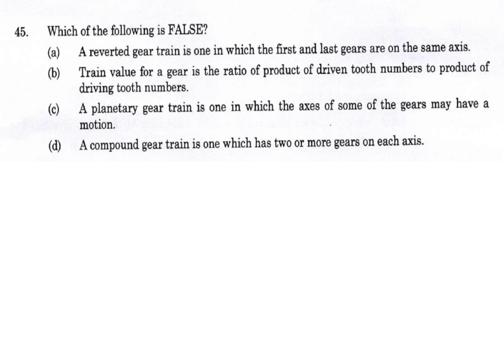In a reverted gear train, you will get gear 1 and gear 2, then gear 2 and gear 3 both are collinear, then gear 3 and gear 4. 1 and 4 both are on the same axis, and 2 and 3 both are on the same shaft. So a reverted gear train is one in which the first and last gears are on the same axis.